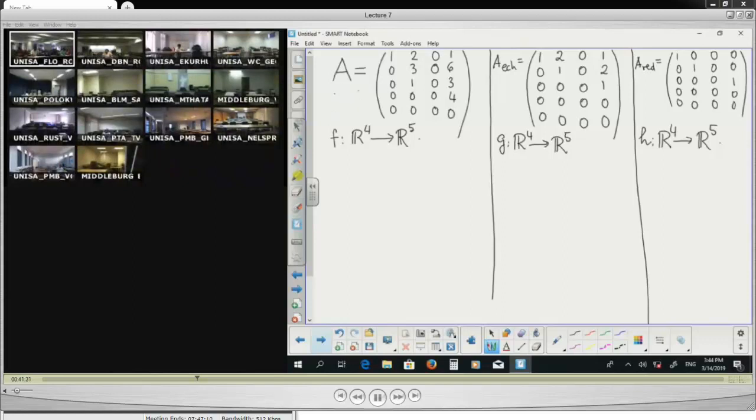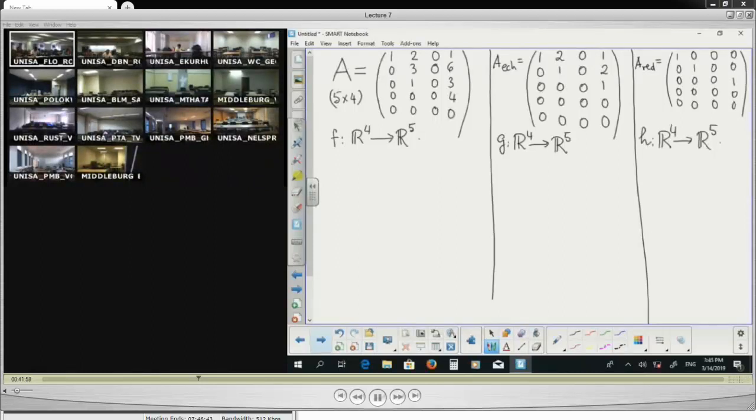Then you are saying that we are transforming R4 to R5. This was actually done again and again when I was describing what is the matrix of a linear transformation. And the way I was doing it, it was very clear.